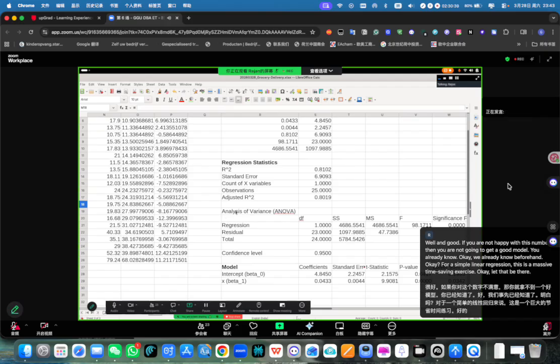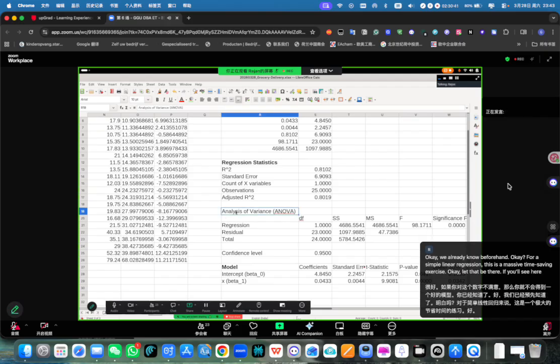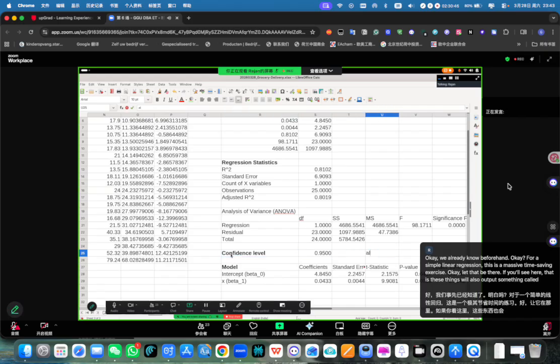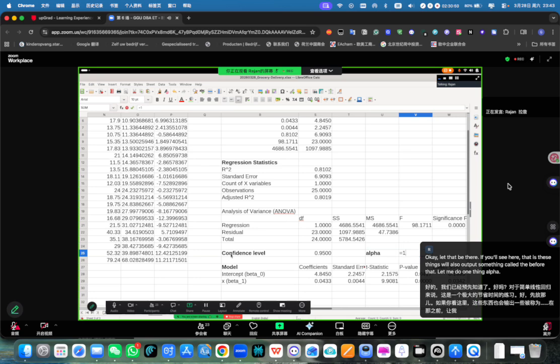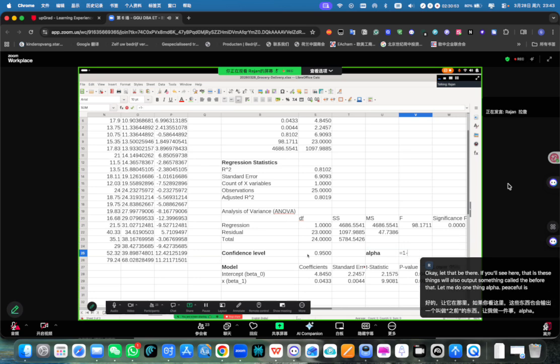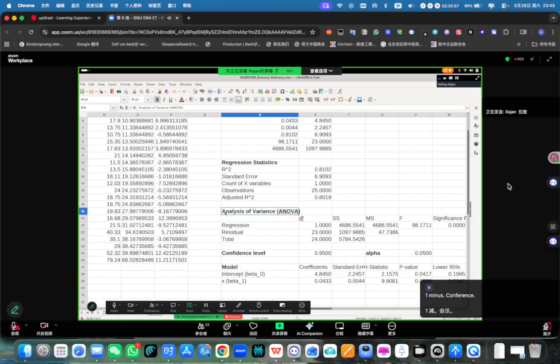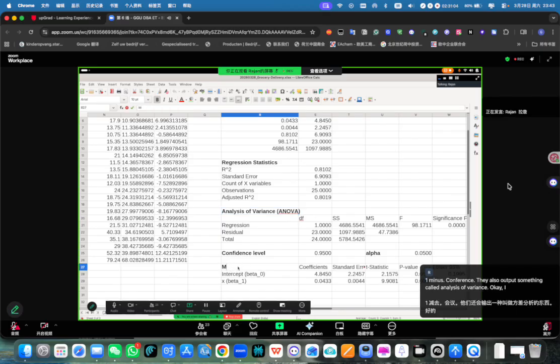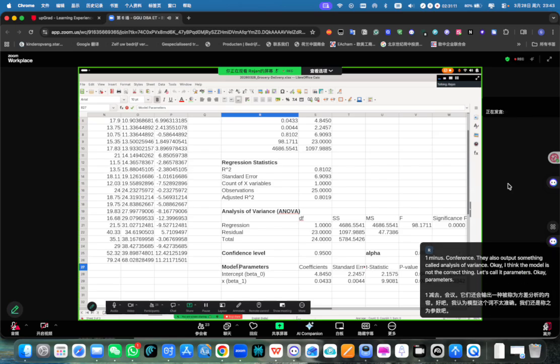Let that be there. Before that, let me do one thing. Alpha is 1 minus confidence. They also output something called analysis of variance. Let's call the earlier part model parameters.